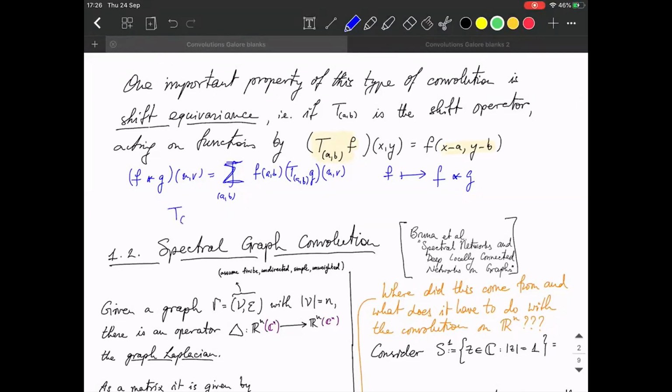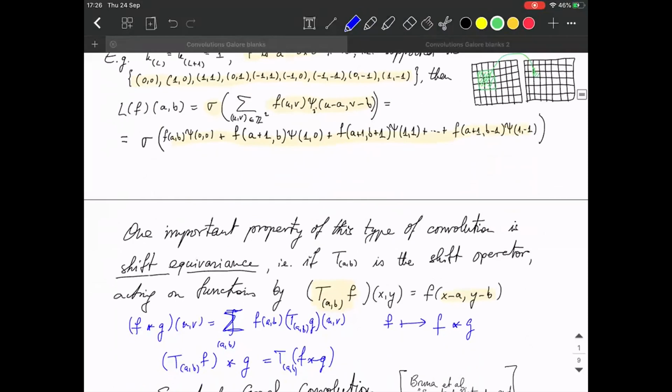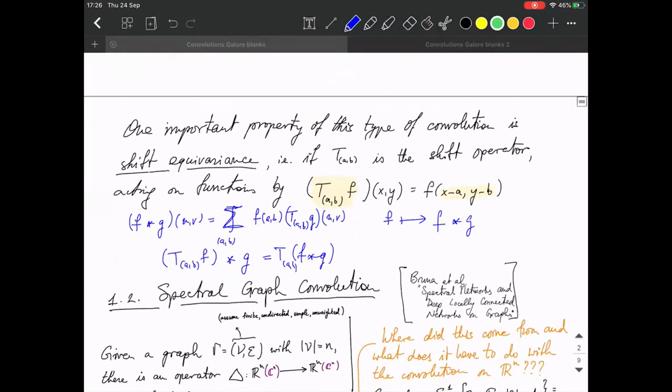Whether we shift before, so if we take T_(a,b) and then convolve with g, that's the same as if we first convolve with g and then apply T_(a,b). And therefore, because a convolutional layer in a CNN is basically a convolution with a filter with some nonlinearities applied afterwards, this shift equivariance is preserved, and so if you shift an image, the feature values will shift accordingly.